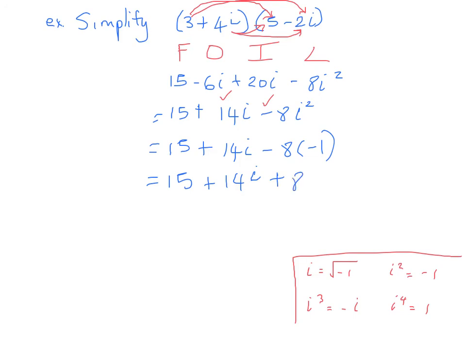Now we have other like terms, here and here. 15 plus 8 gives us 23, plus 14i. Now we're good because we have our real part and our imaginary part. And that's how we know this is a simplified complex number.